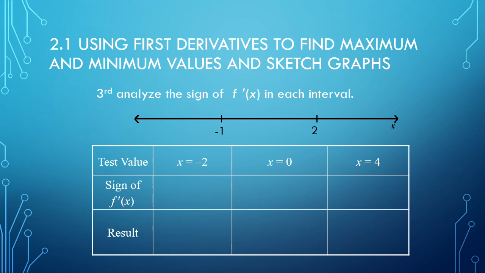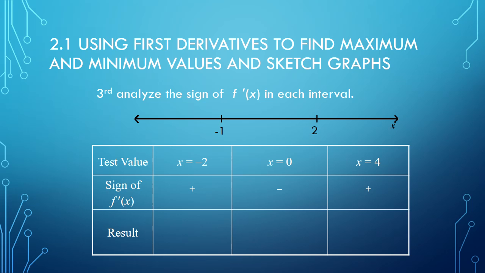So we're going to test negative 2, and when we put that into our derivative, it's positive. When we test 0, which is between negative 1 and 2, we get a negative. And then when we test 4, which is outside of 2, we get positive. And what that tells me is that at negative 1, the left is positive, so it's going up.